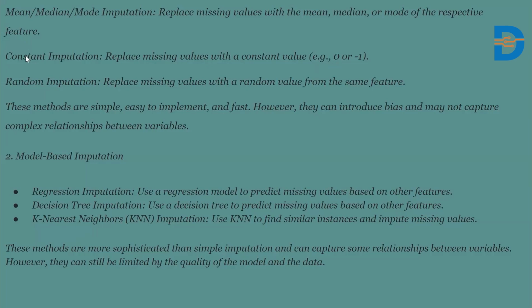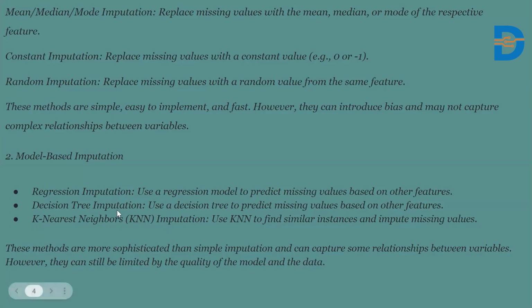Random imputation means replacing a missing value with a random value from the same feature. If the marks feature is there, take out a random mark and fill it in. These methods are simple, easy to implement and fast, but they can introduce bias. Let's say the test was for 25, I pick 23 and assign all the missing values to 23. That will leave an incorrectness.